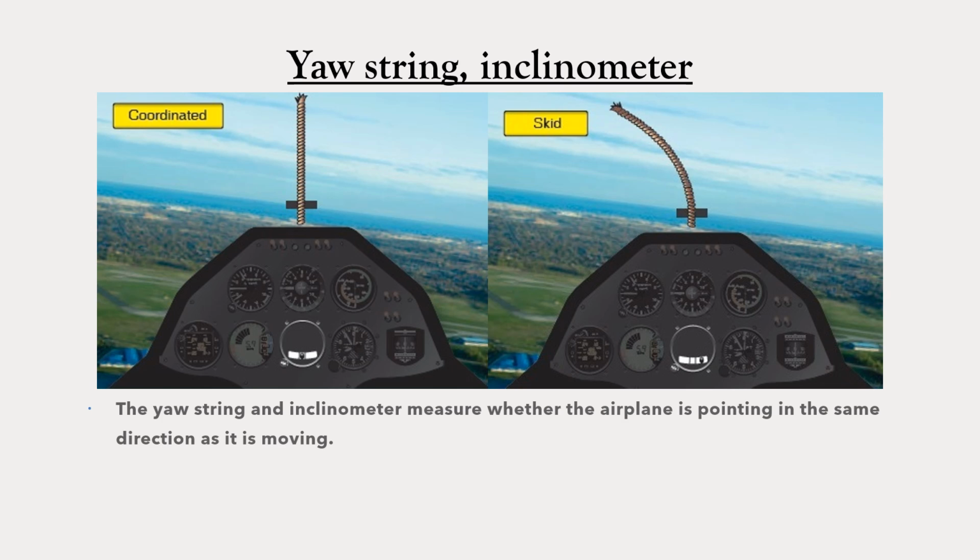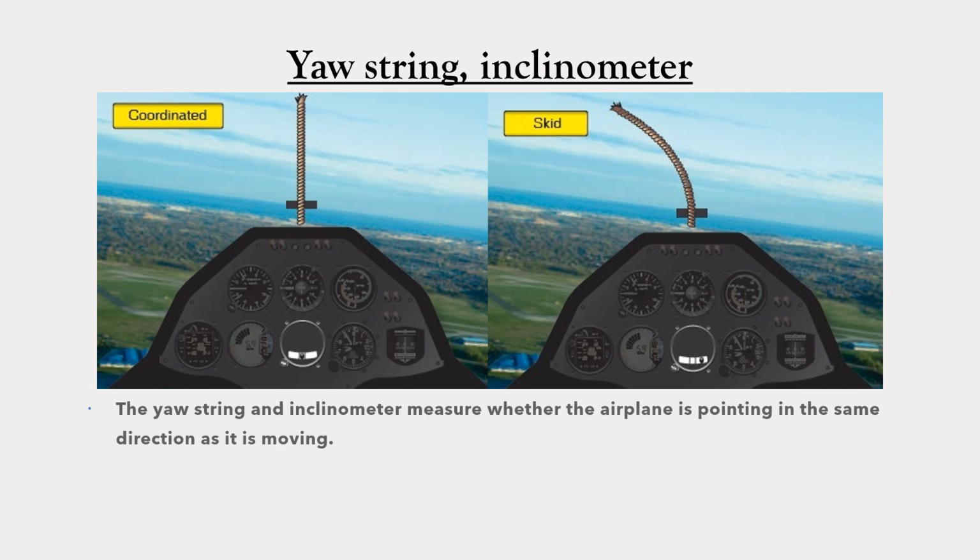So if the air is moving straight over the aircraft, the yaw string will stick straight up. If you're kind of flying sideways through the air, then that air blows the string off to the side.